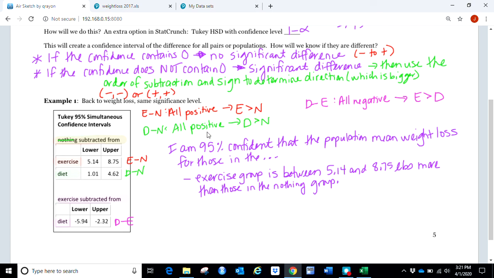Now if I move to my next interval, I can be 95% confident that the population mean weight loss for those in the diet group is between, this time, 1.01 and 4.62 pounds more than those in the nothing group.